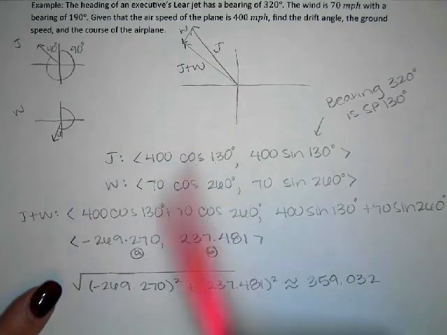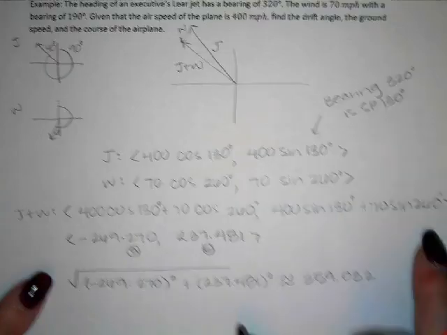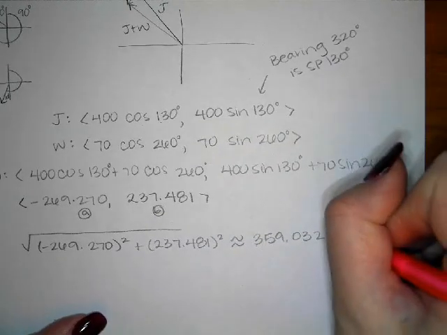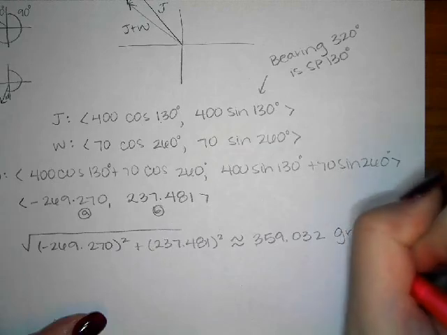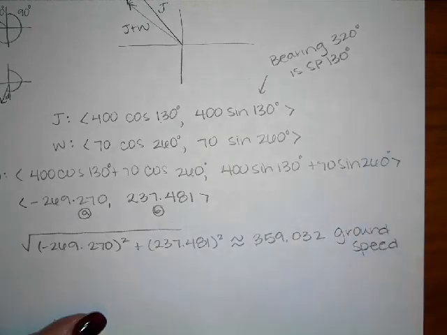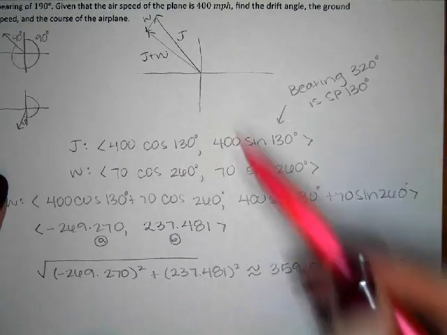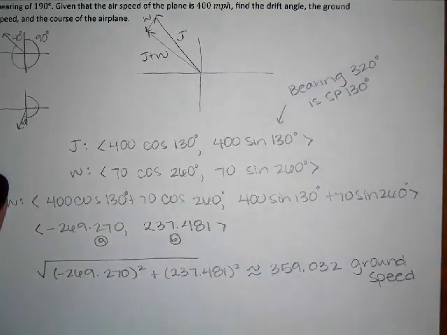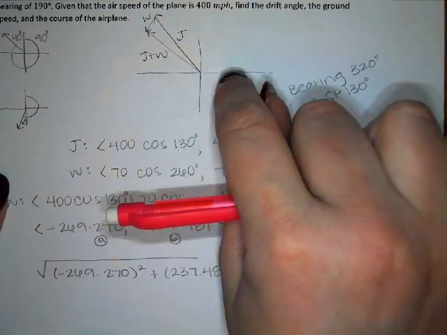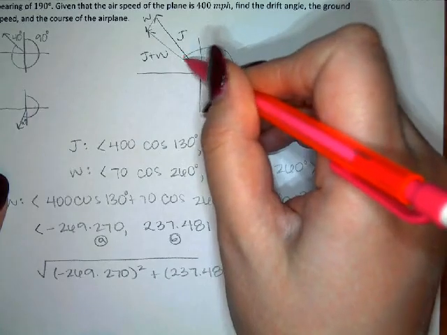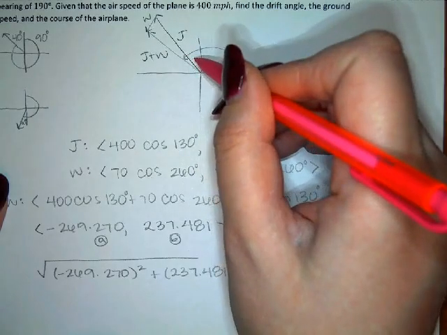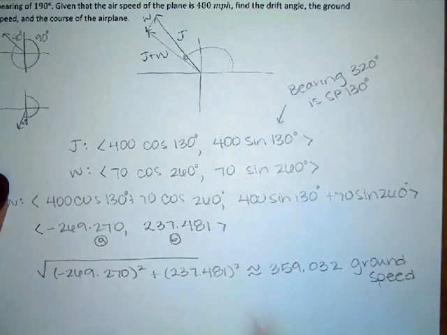And so when I do tan inverse of the vertical component divided by the horizontal component, I'm going to find this angle right here, and it's going to give me that angle in standard position. But to write it in the context of the problem, we don't want to do standard position. That's thinking XY coordinates, which the people in here aren't. They're thinking in terms of bearing. So I'm going to get the answer in standard position, and then I'm going to have to convert it back to bearing.